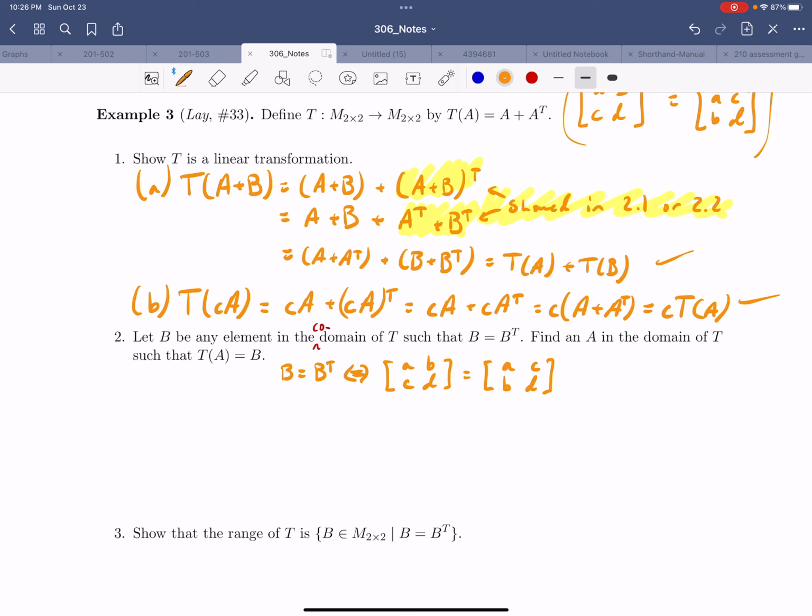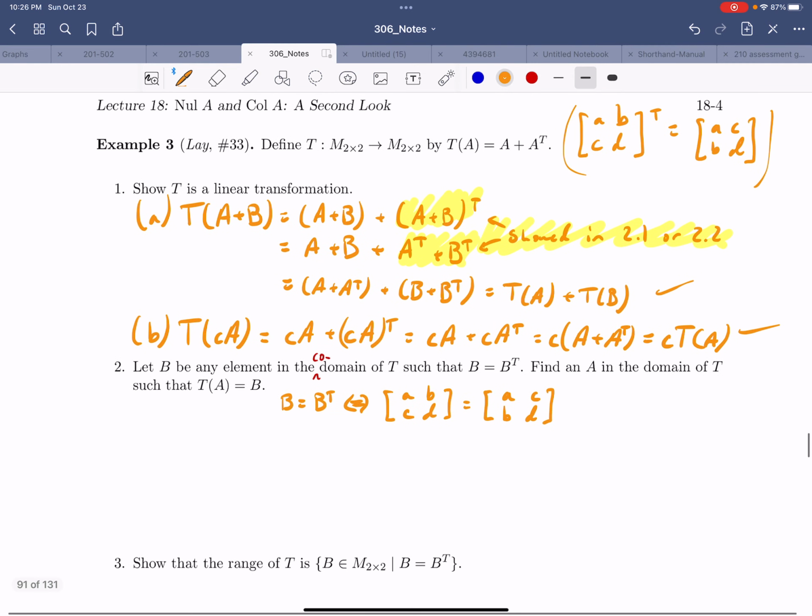Do you see that? Because from up here, they have to be the same thing. So A equals A, D equals D, that's fine, but note that that means B has to equal C.